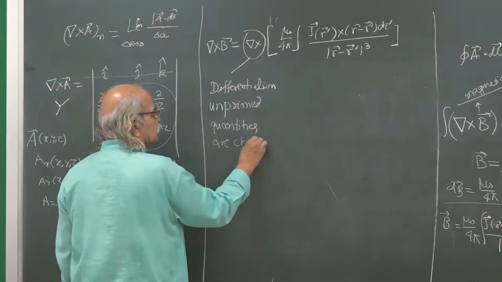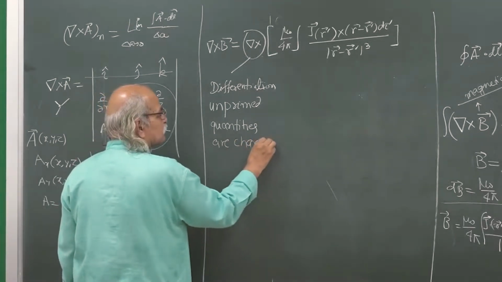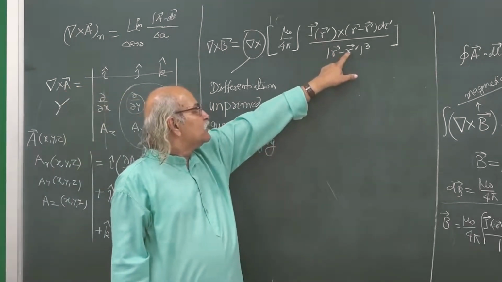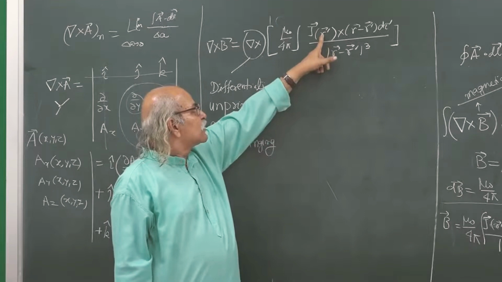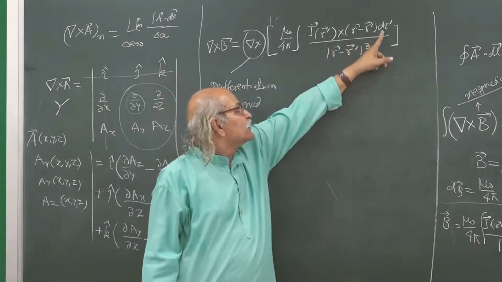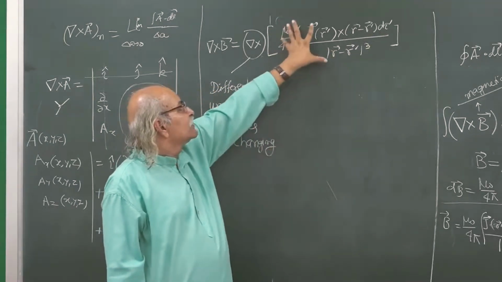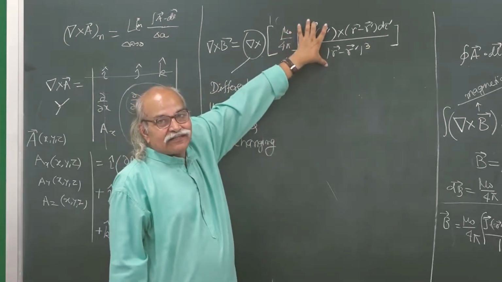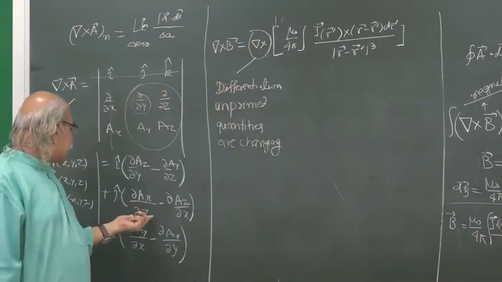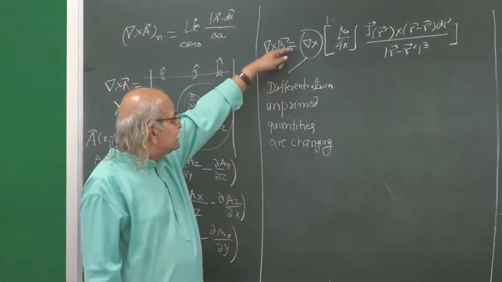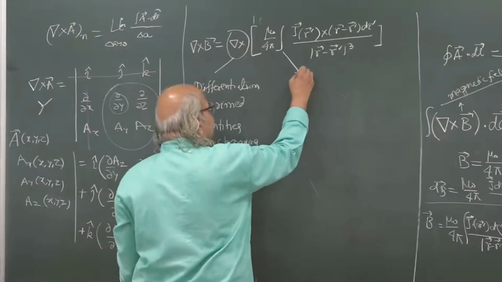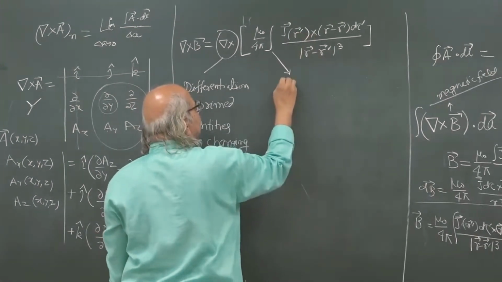The differentiations are with respect to the unprimed quantities. You have primed quantities and you have unprimed quantities. When you say delta x, delta y, delta z, you are changing those unprimed quantities. But for integration, the primed quantities are changing.